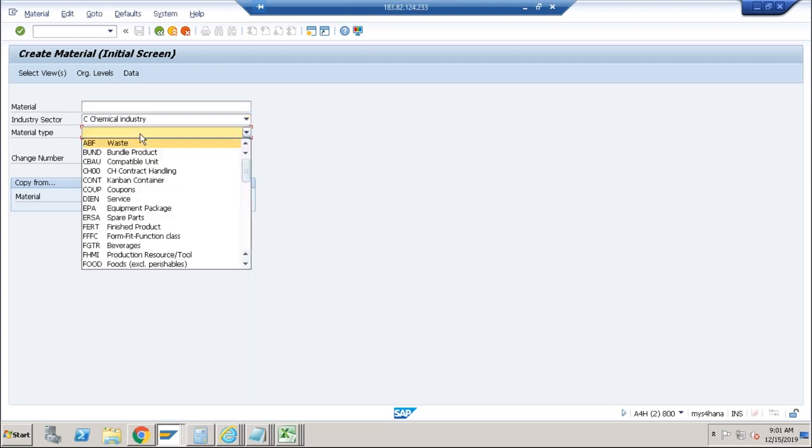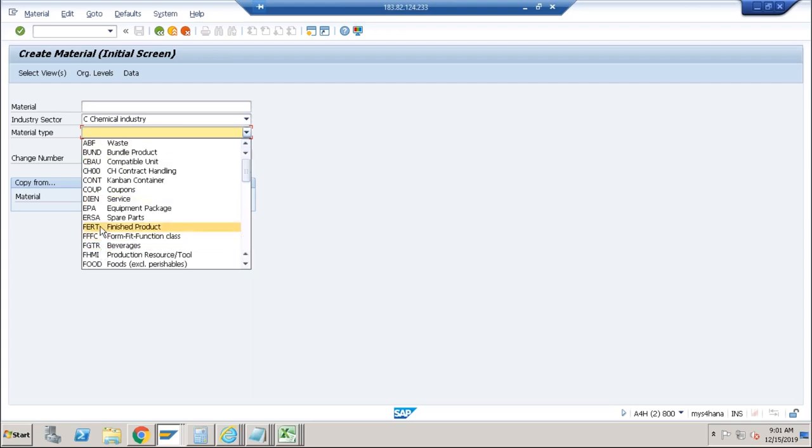Material type is very important. Okay, so here you need to tell the system whether your material is a raw material, or it is a finished good, or is it trading good, or is SFG. Okay, so if you are going for the raw material, or maybe first one, let's create it for the laptop. So for laptop, I will use finished product, which is FERT.